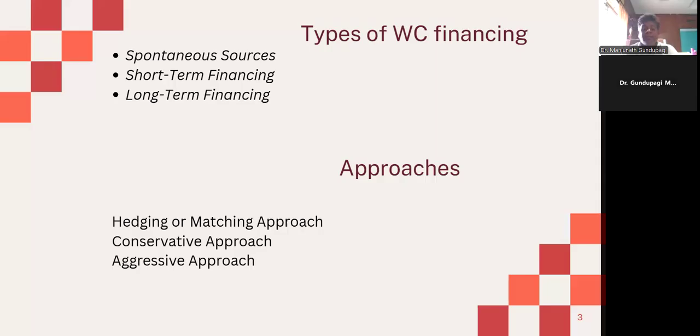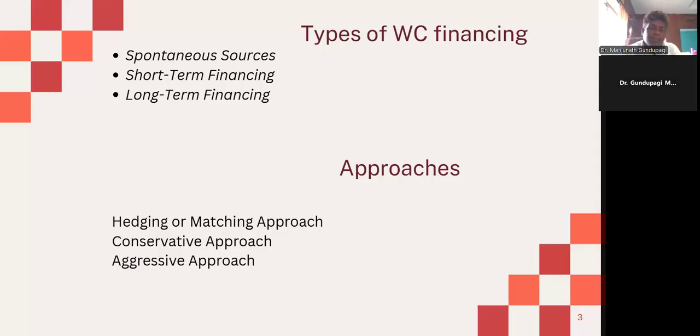But there is a disadvantage with this approach. We are exposing ourselves to refinancing risk, for example if short-term funding is not renewed.